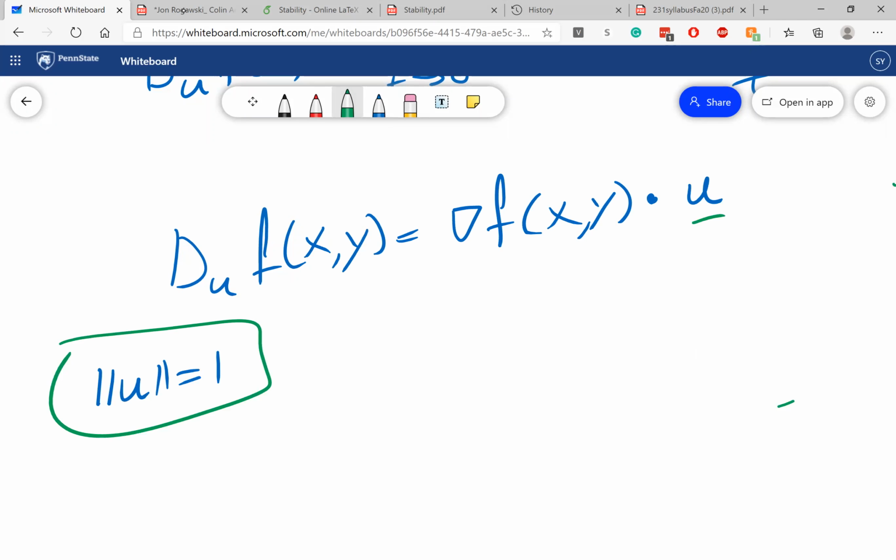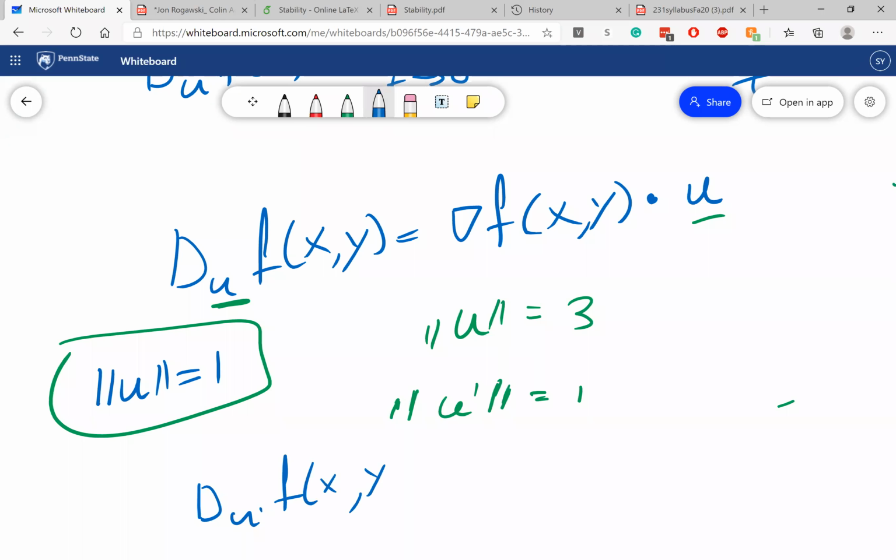If they give you a u that's not, you replace it by a u prime that has magnitude 1, the unit vector. Then you look for the directional derivative in the direction of u prime of f of x, y. So it's very important to only use unit vectors.